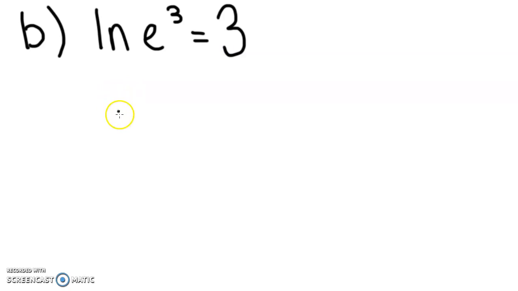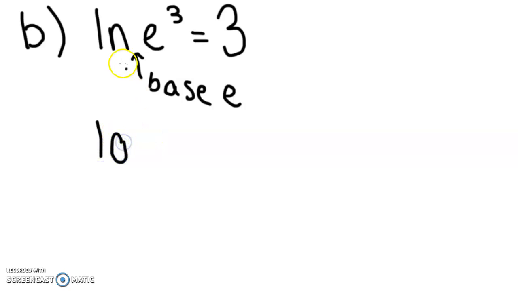Natural log right off the bat tells you that you have a base of e. Remember, it's just a number. So let's rewrite that: instead of natural log, we're going to say log base e of e to the third equals 3.